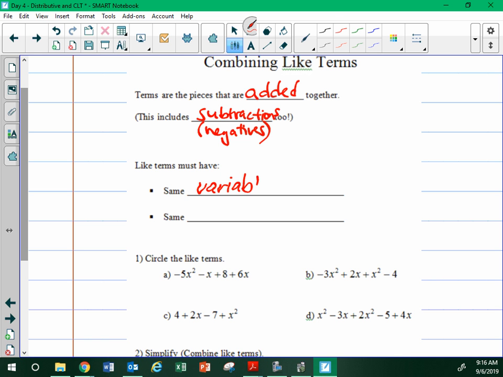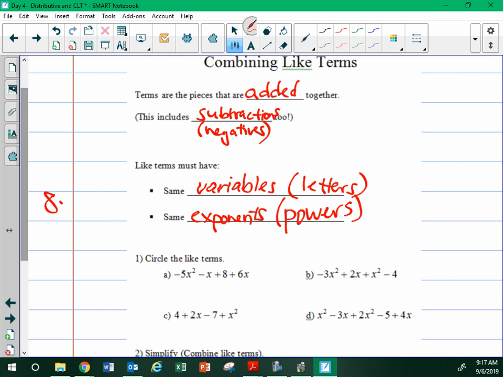What are variables again? Good, like x, it's our letters, right? Same variables are letters. And they have to have the same exponents, the same exponents or powers. Alright, so Eric was kind of asking about this earlier.